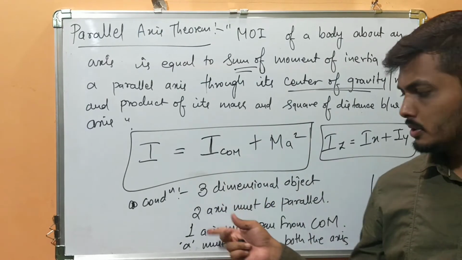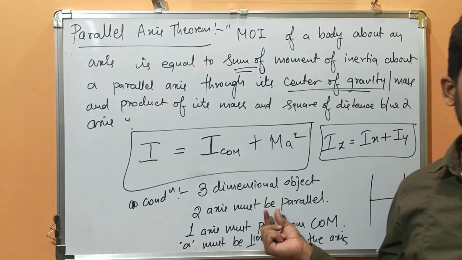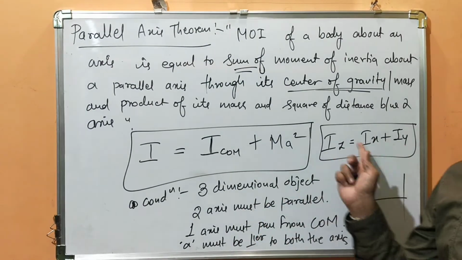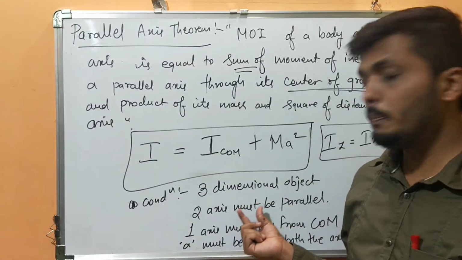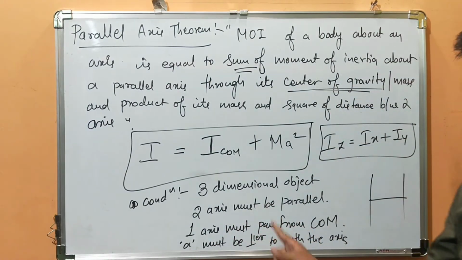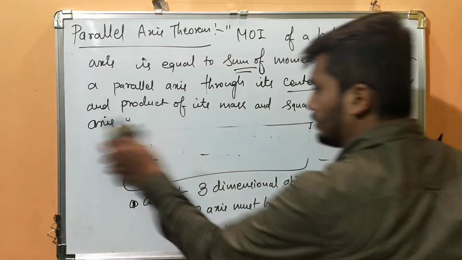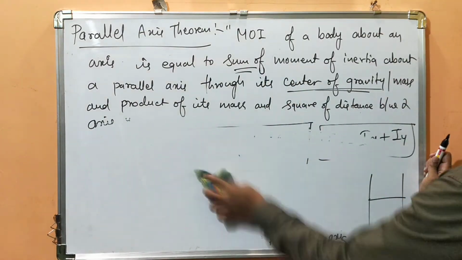It is valid for 3D objects, it is valid for two axes. The two axes must be parallel to each other. Here they were not parallel, now they should be parallel. One of the axes should pass through the center of mass, and whatever distance A you are taking should be perpendicular to both the axes. Have you understood? Okay, now I'll erase this.